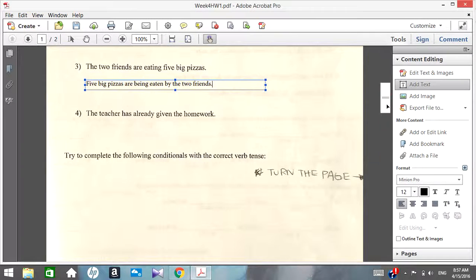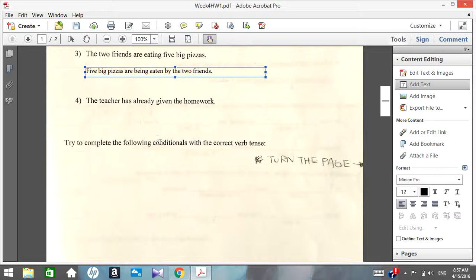Okay, the next one, the teacher has already given the homework. So this one, it's in the present perfect. I'm sorry. And we have the homework is the object, right? It comes after the verb. So let's start with that one.